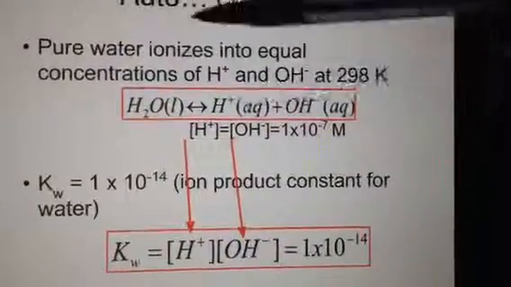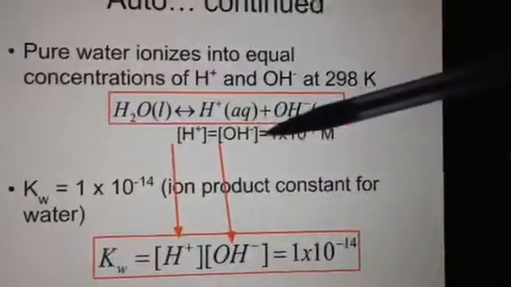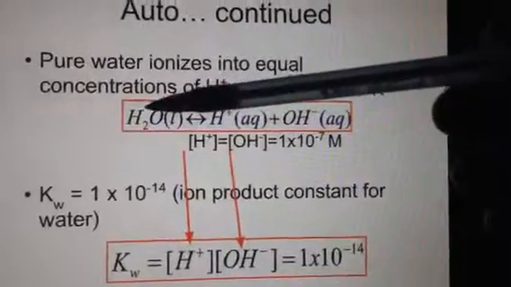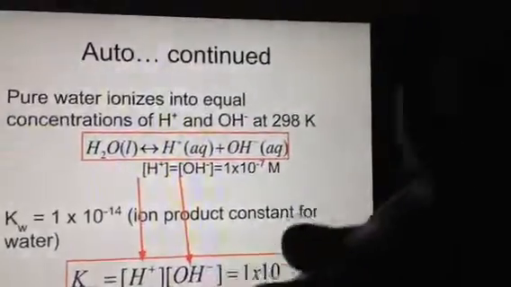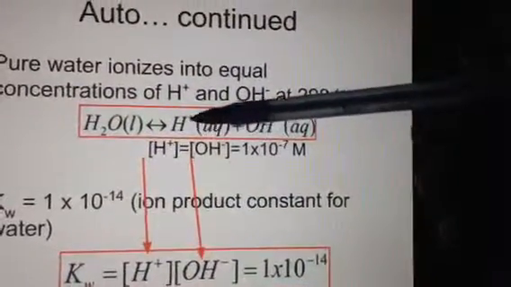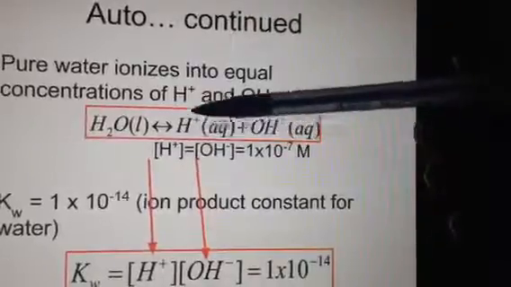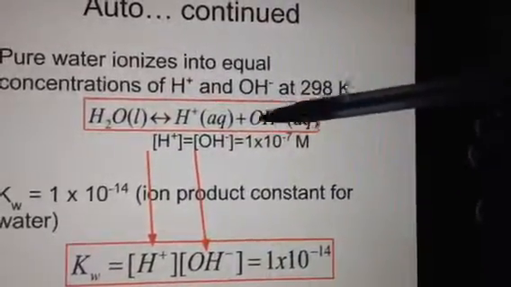Now, we talk about the amount of ions. Theoretically, if I had a bunch of H2O molecules, the concentration in, let's say, a cup, the concentration of H plus, basically the amount of H plus ions, should be the same as the amount of OH minus ions.